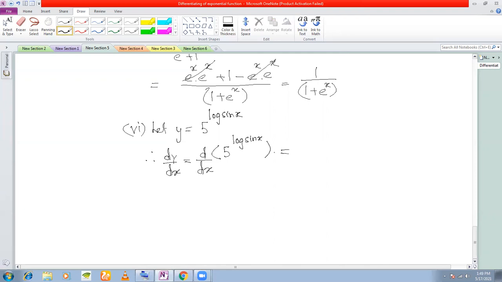So first we'll differentiate this 5 to the power of log sine x to get 5 to the power of log sine x into log 5. And then we are going to differentiate the power, into the d/dx of log sine x.